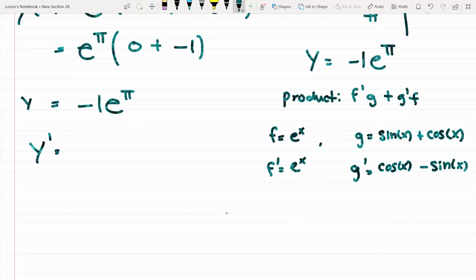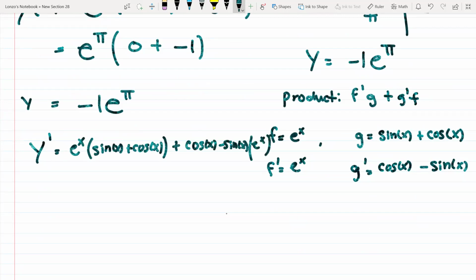My f prime is e to the x times g, which is sine of x plus cosine of x, plus g prime, which is cosine of x minus sine of x, times f, which is e to the x.